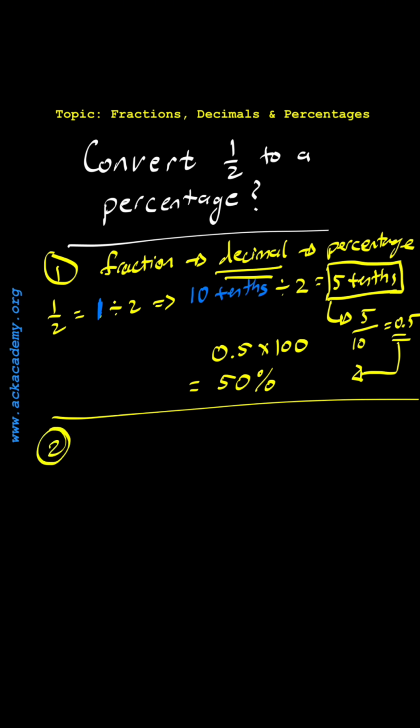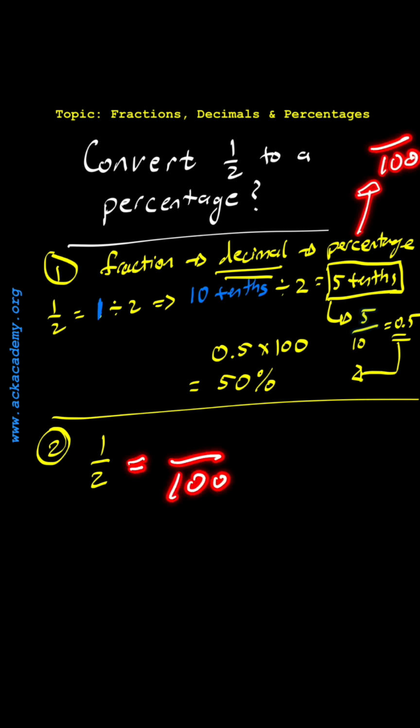Another way of doing it is to ask ourselves, what's the end goal here? Percentage. And what does that mean? That means it has to be some number over 100. Can I get some number over 100 directly?